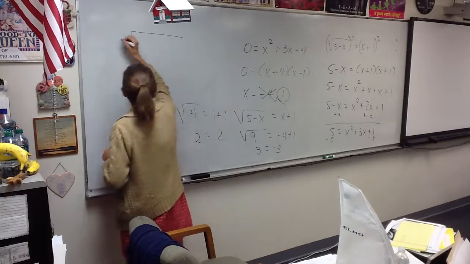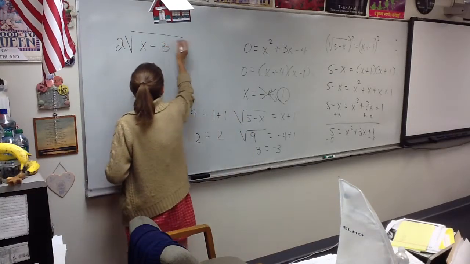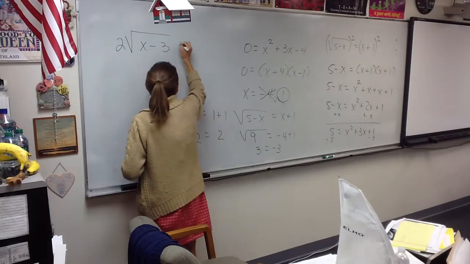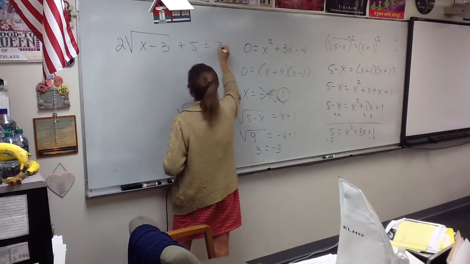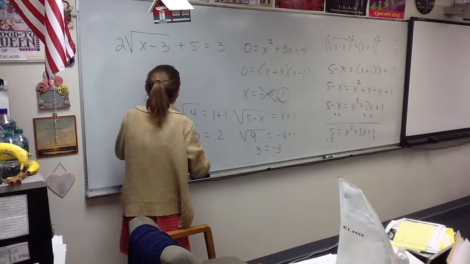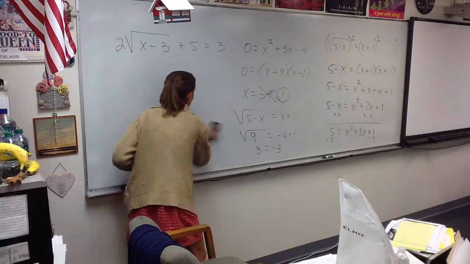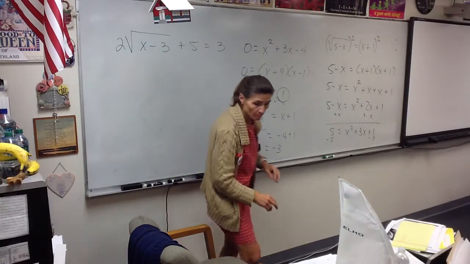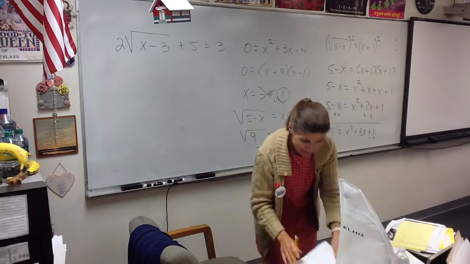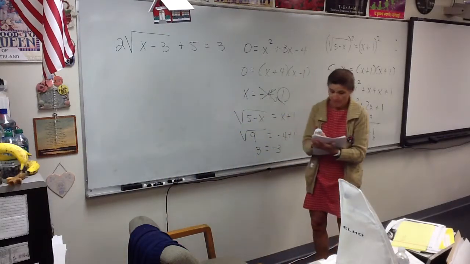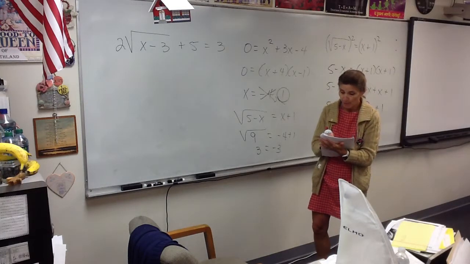Wake up. Okay, put that in for problem D. That's going to be your problem D, and I'd like you to solve it for me. And don't forget to check your answer.